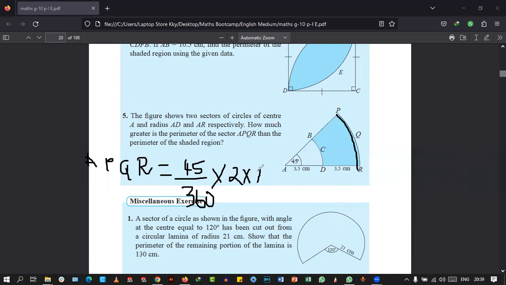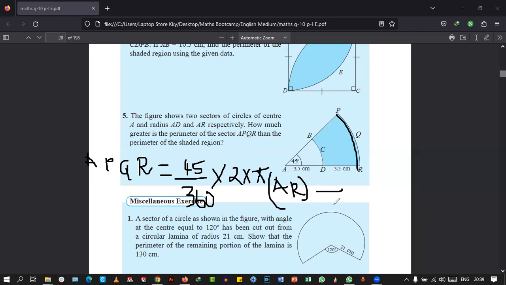You have to write it as an equation like this. 2 pi, I'm putting it as capital R, or maybe you can write it as AR. Likewise, AR. We have to put a bracket like this. AR, that is the arc length. Whatever I have written is equal to this black mark.